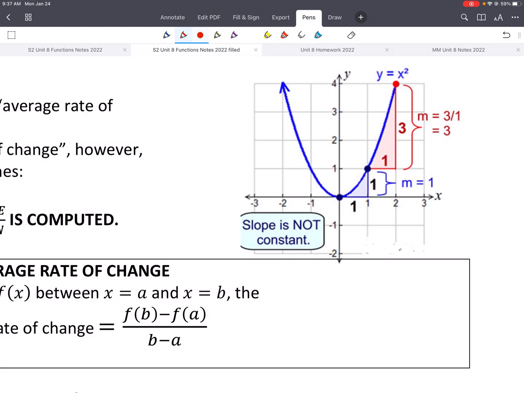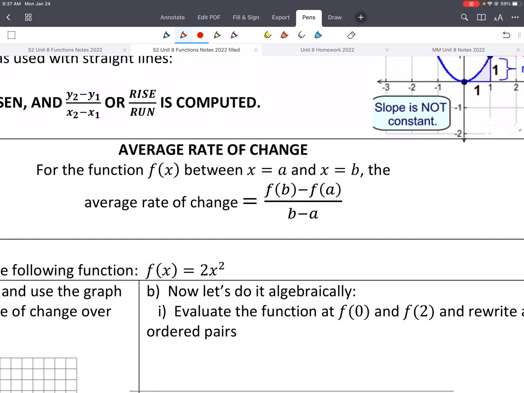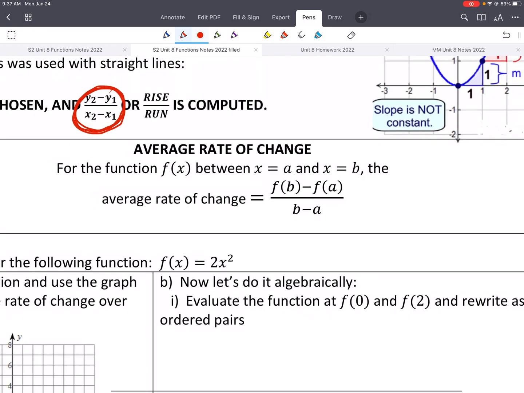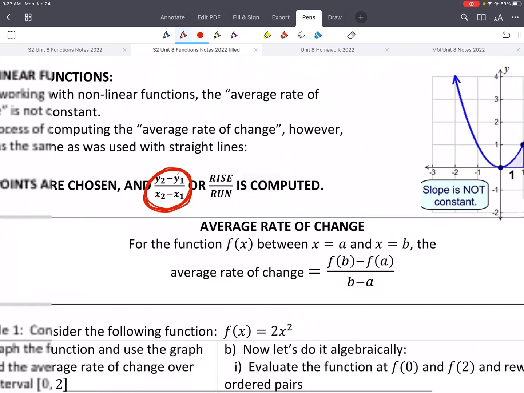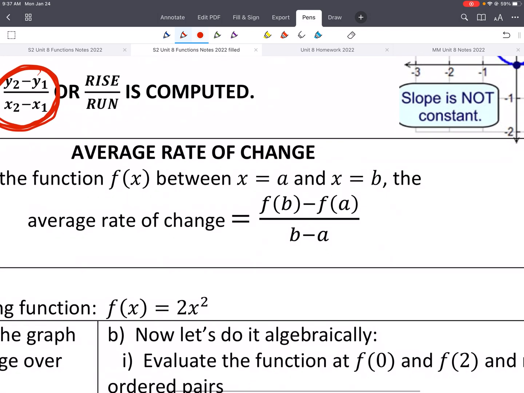All right, so here is the average rate of change formula. This is a different way to look at this, but it is exactly the same as the slope formula, y2 minus y1 over x2 minus x1. It's just a different way to write it.